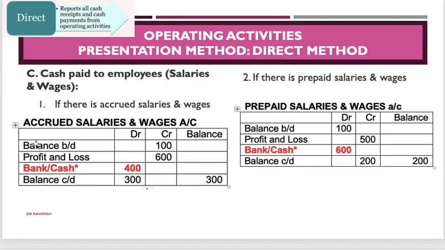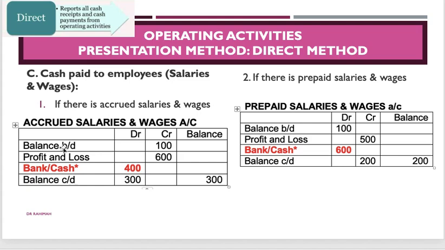Okay. Item C is the payment to employee, which is basically the salaries and wages. So you may derive this figure by looking at your SOFP, if there is any accrued salary and wages or prepayment, which is not common. Okay, normally it's accrued. Alright, so from here you can arrive at this figure 400.